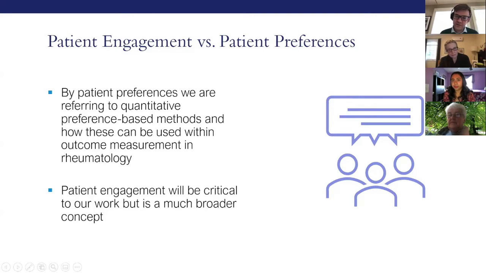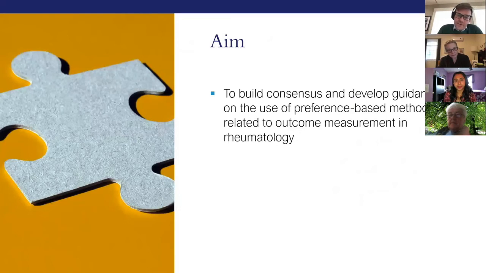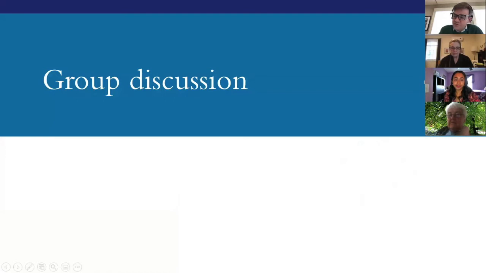Anytime you're doing a patient preference study, it will certainly be critical to the work of this group, but it's of course a much broader concept. So our aim is really to build consensus and develop guidance on how we can use these methods related to outcome measurement in rheumatology. And maybe we'll stop there for some discussion.